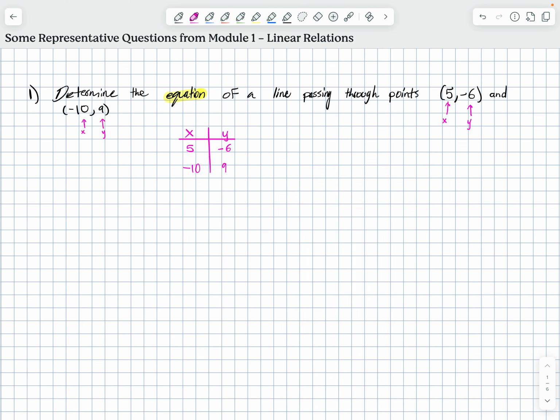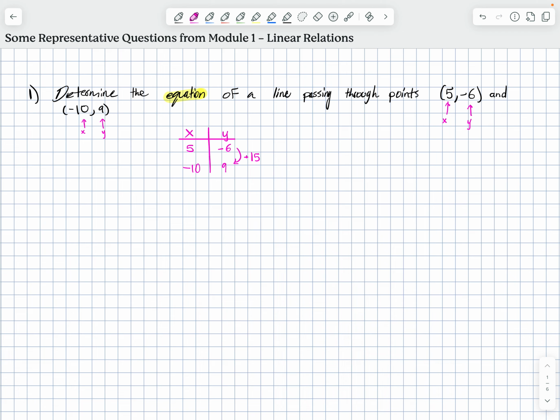And now you just want to find the difference in the y, the change in y. To go from -6 to 9, I have to do 9 minus -6, so that's 15. I have to increase by 15. It's always good practice, folks, when you're doing these, to use your calculator to check. So I would do 9 minus -6, and I would get 15.